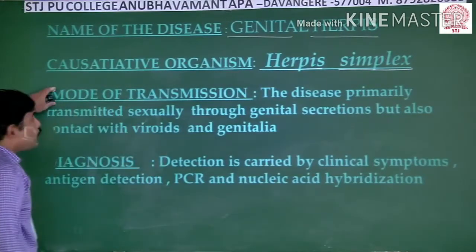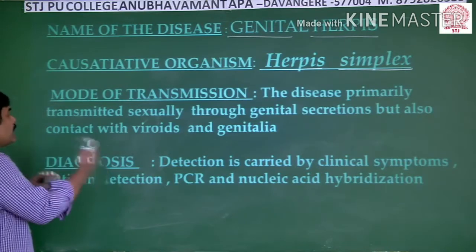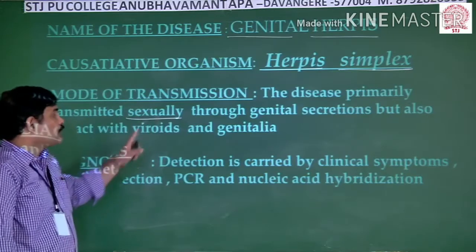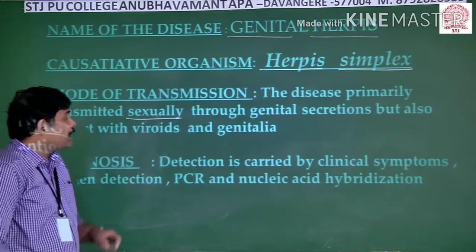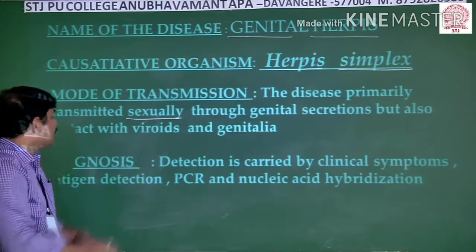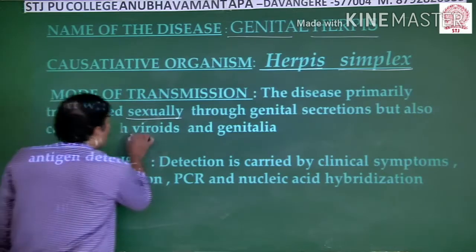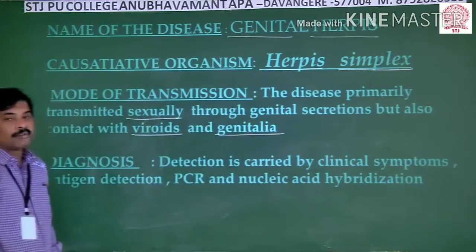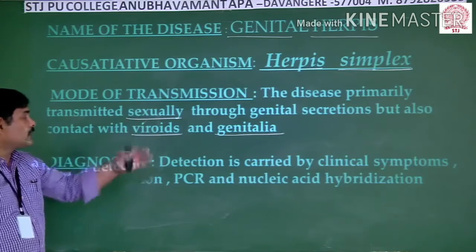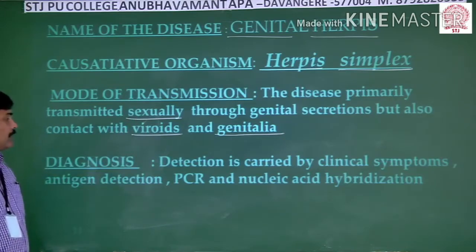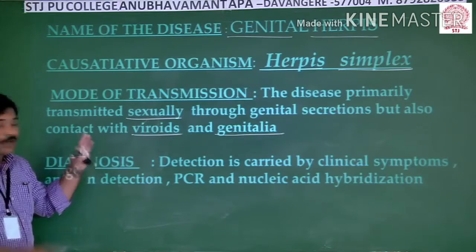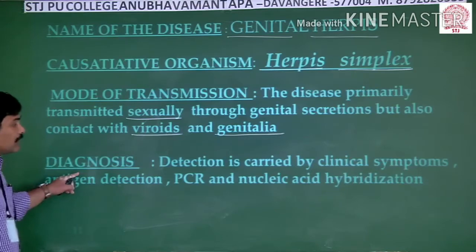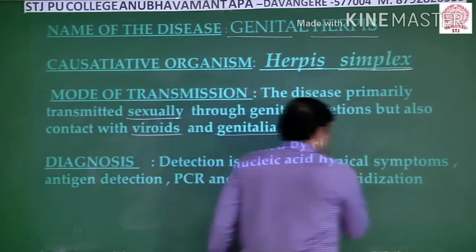As for the mode of transmission, as you all know, there will definitely be sexual transmission, and not only this, in the initial days it may be transmitted through viroids as well as genitalia. So these are the three modes by which it is transmitted from person to person. Then how do you diagnose this, or how do you identify the person who is suffering from herpes? It includes, importantly, clinical symptoms.